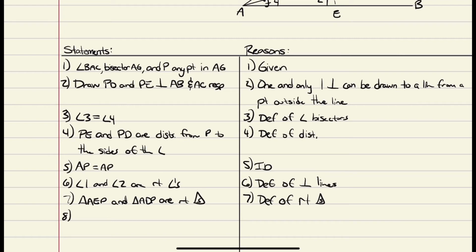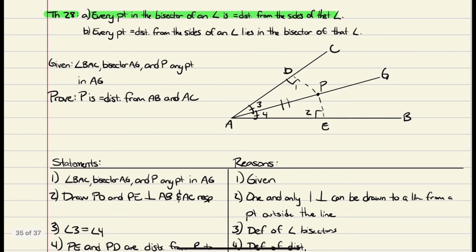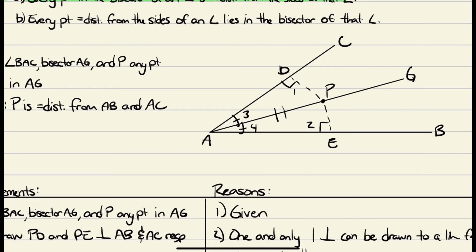Number 8, we can say now that triangle AEP is congruent to triangle ADP by hypotenuse angle. Let's take a look up here. We've said that they're right triangles and they both have equal acute angles there. We also stated that they do have the hypotenuse there. That's the side opposite the right angle.